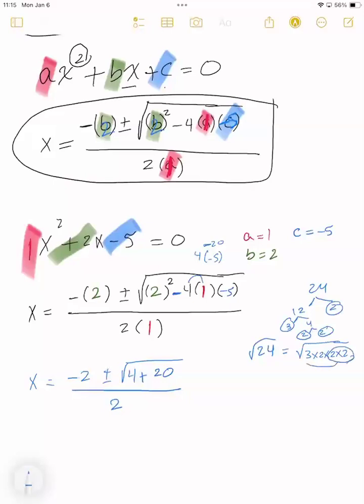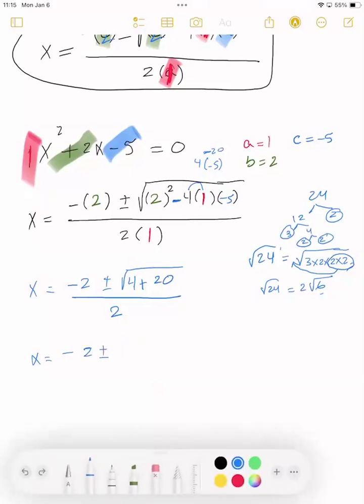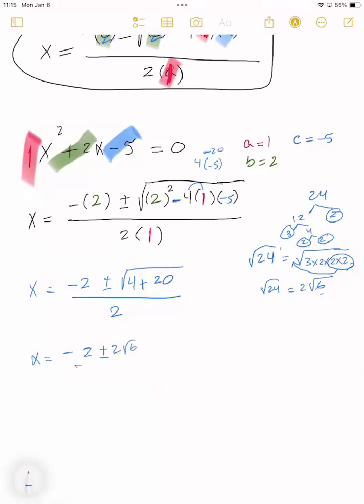Doubles come out as a single. 3 times 2 is 6. So the square root of 24 can be simplified as 2 square root of 6. So I go back here. The square root of 24 is 2 square root of 6.